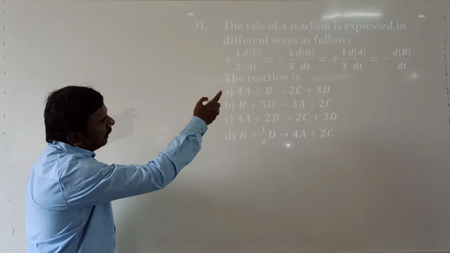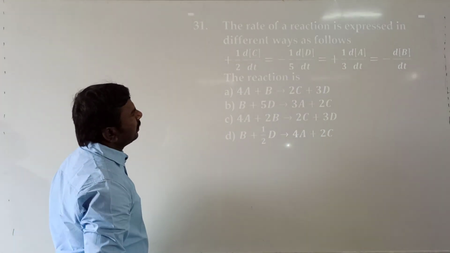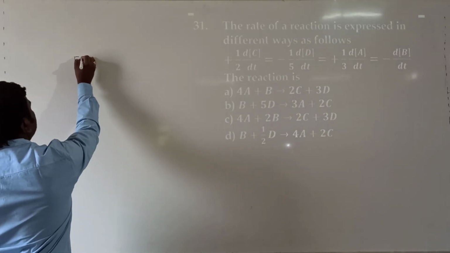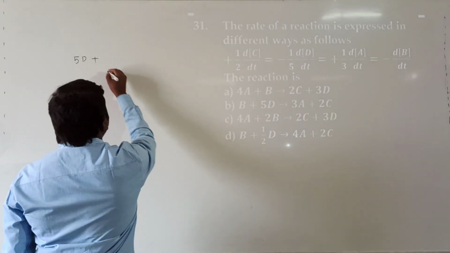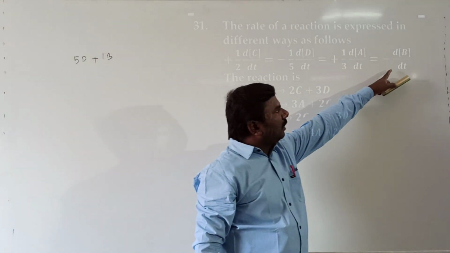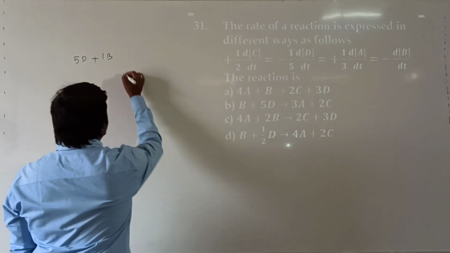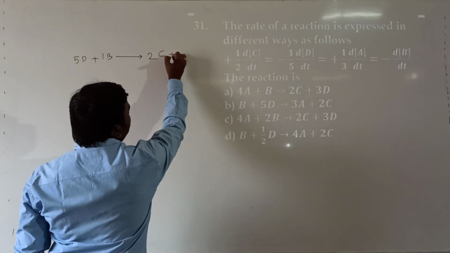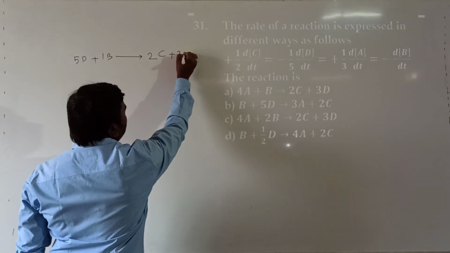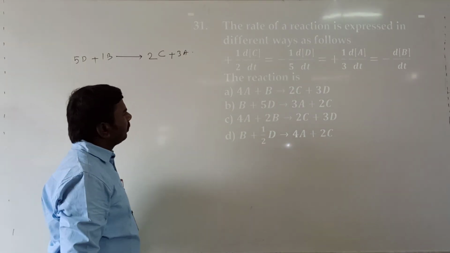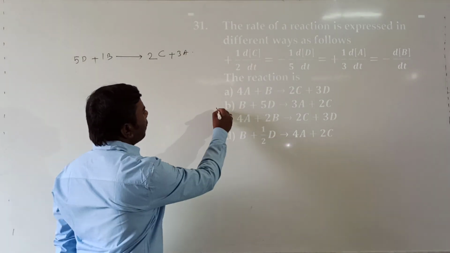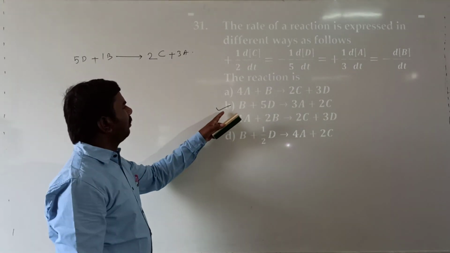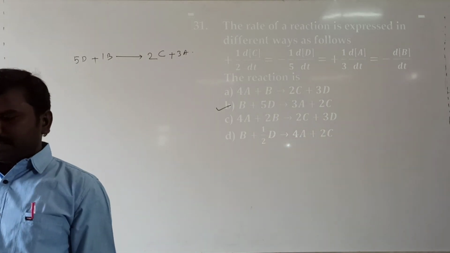So 5D plus 1B, because nothing is divided, gives plus 2C plus 3A. So what is the right option? B plus 5D gives us 3A plus 2C. The answer will be the second option. Next.